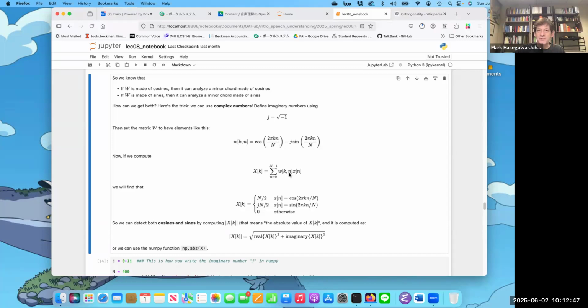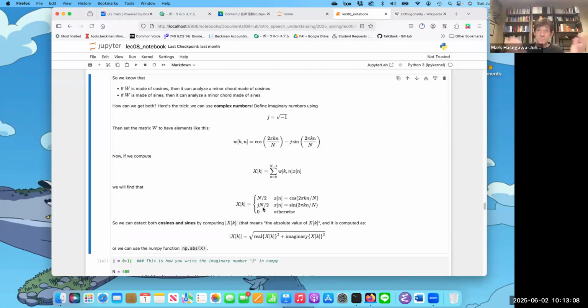And that way, when we multiply w of k n times x of n, if the input is a cosine at that frequency, we get a positive number. And if the input is a sine wave at that frequency, we get a positive imaginary number. And so whether it's real or imaginary, we still get some output.